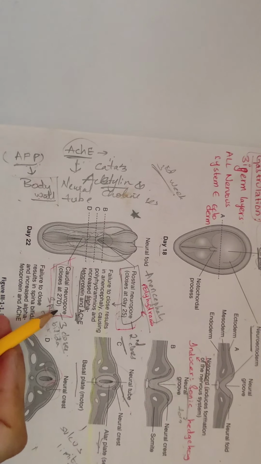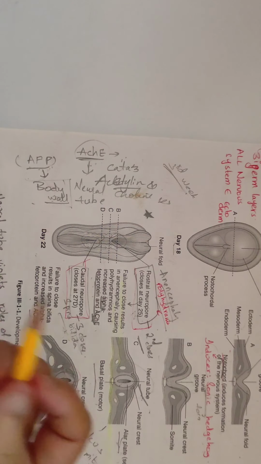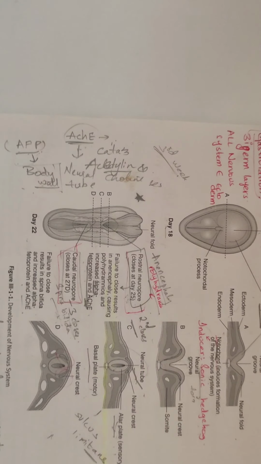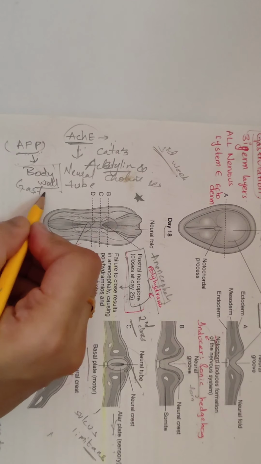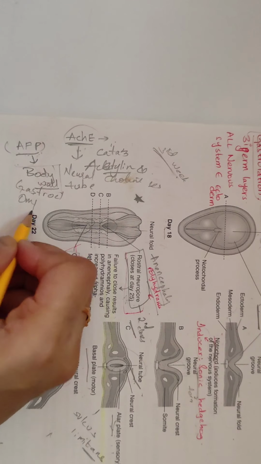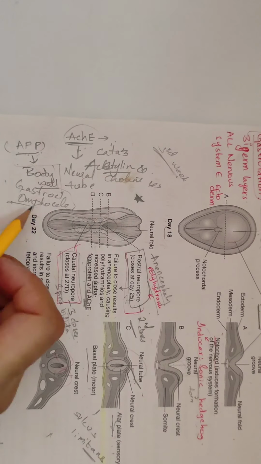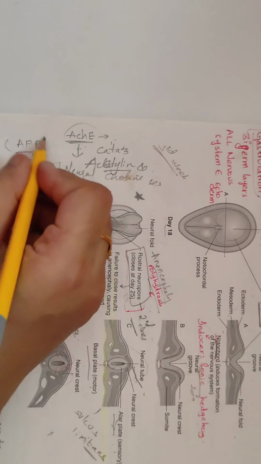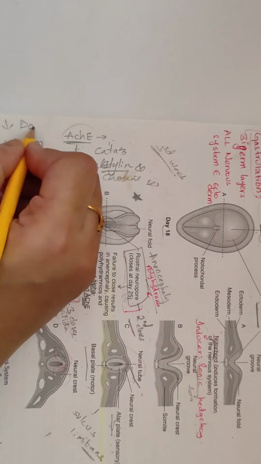And in the caudal neuropore we can also see alpha fetoprotein and AChE raised, as both body wall and neural tube are involved. Examples of alpha fetoprotein elevation are gastroschisis and omphalocele. You can Google and see these images in newborns. Also, alpha fetoprotein is low in Down syndrome babies.